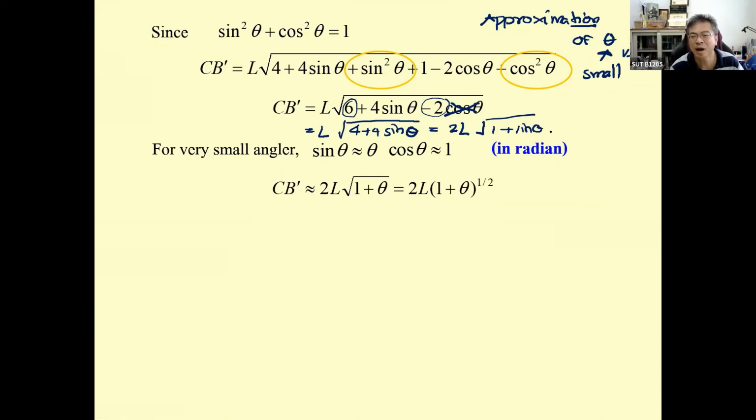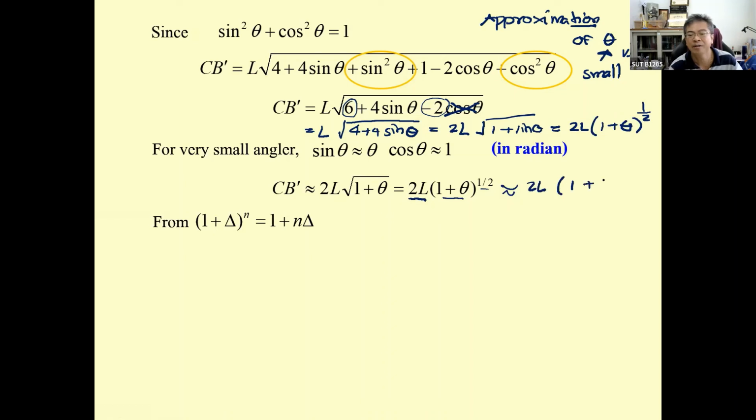And this one is going to be 2L times 1 plus sine theta, which is theta already, right? And then it's going to be to the power 1/2. So that is going to be 2L, 1 plus theta to the power 1/2. And that is approximately what? This one is approximately 2L times 1 plus 1/2 theta.